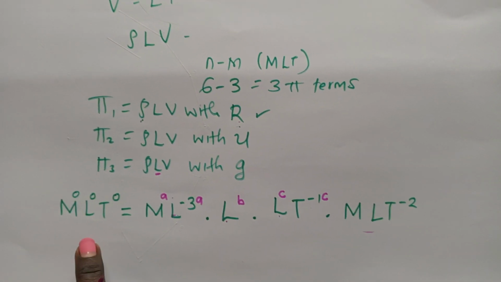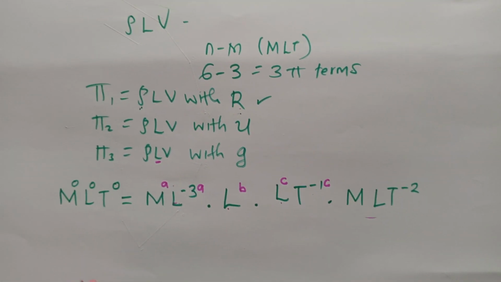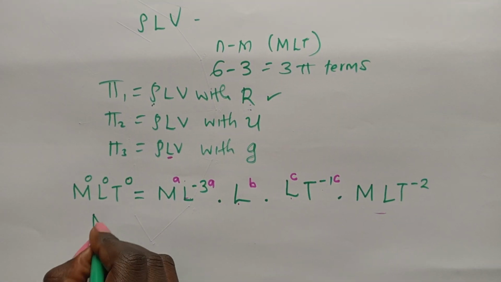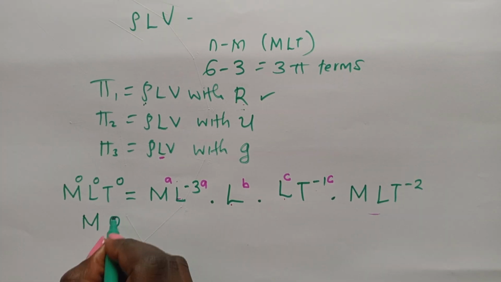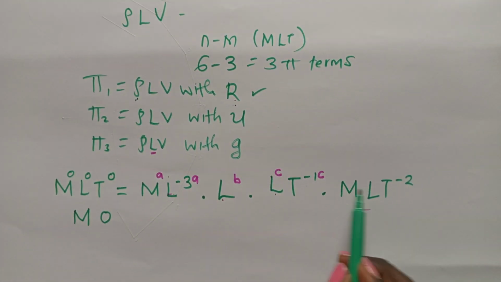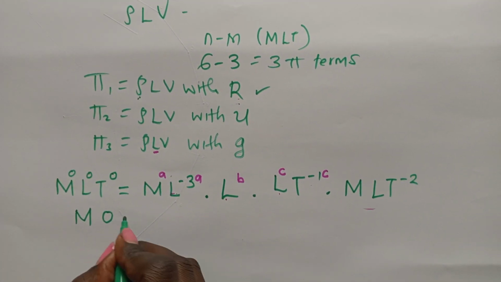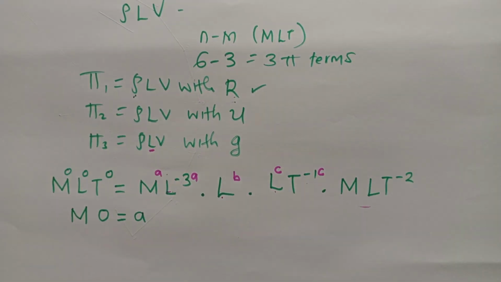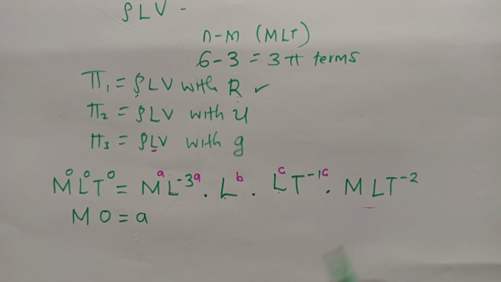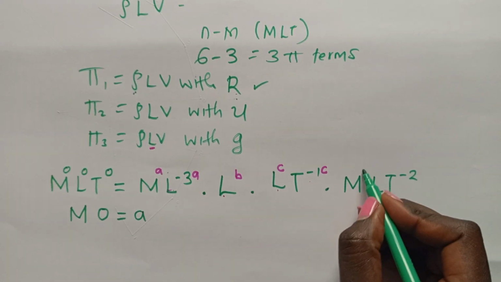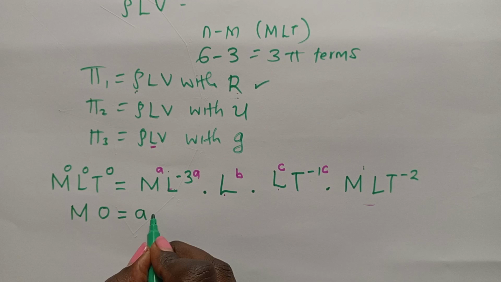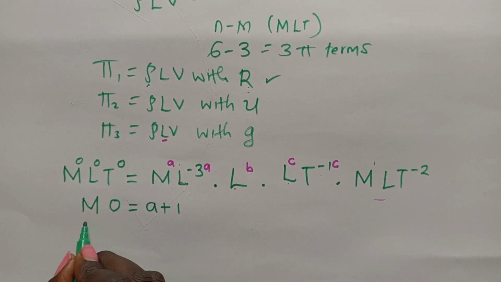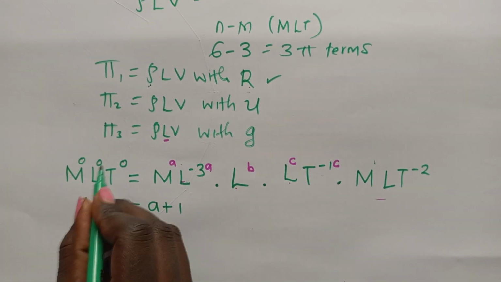Now, let's identify how many M. Let me begin with M, the variables of M. So M is 0 from the powers. Now, 0 is equal to, this is M power A. So this is A. Do we have another M? It's here. This is like raised to 1, and it's positive. So A plus 1. Now, for L, is raised to 0.